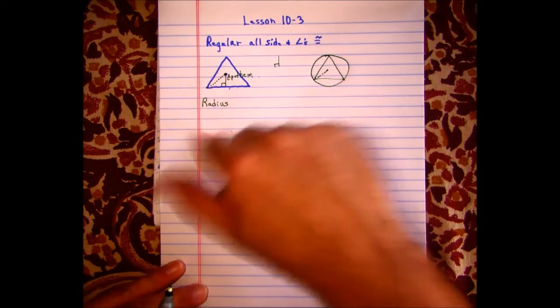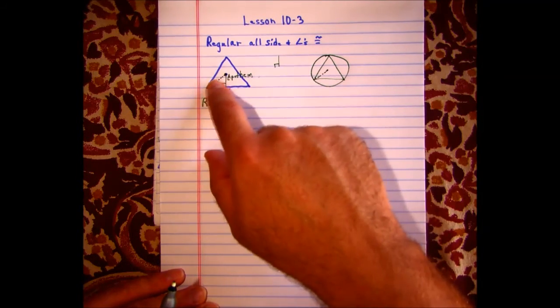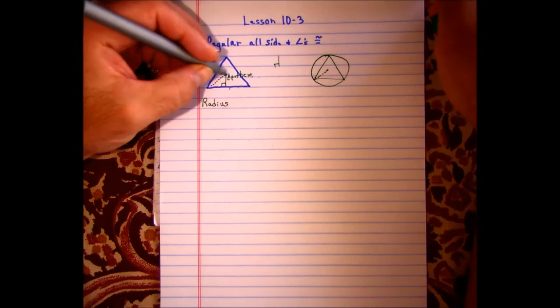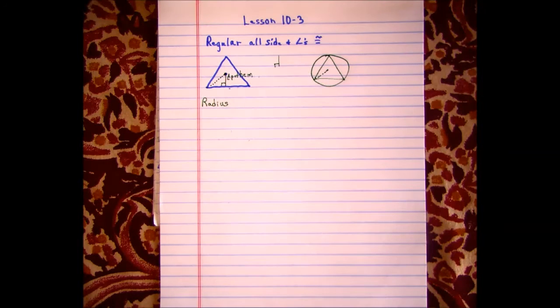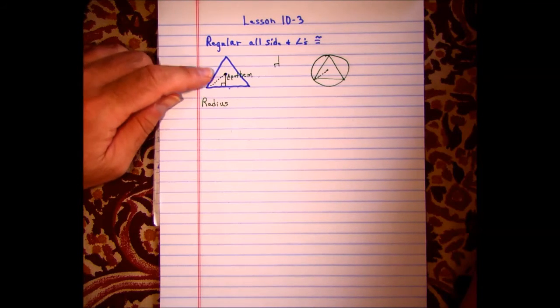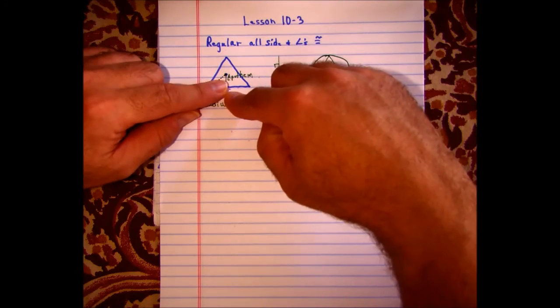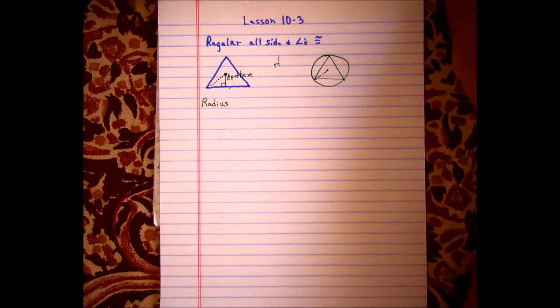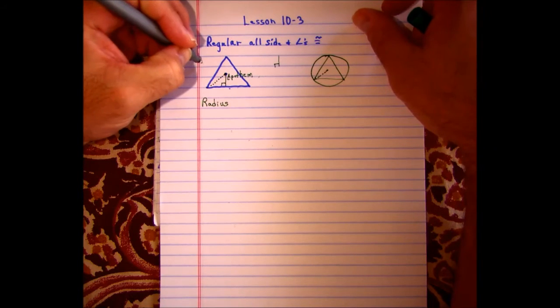When you have any regular shape, you can always circumscribe a circle around it, and this line segment would be the same in both. The circle would touch here, the radius would also touch here, meaning that the name is the same, and it is actually the same exact line. The difference is you don't see the circle. So we've talked about the apothem, the radius, and then of course that point there is called the center.